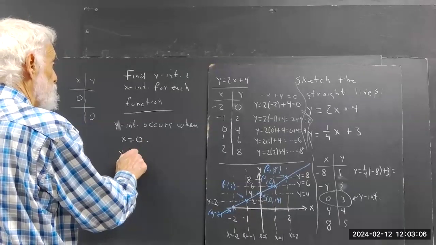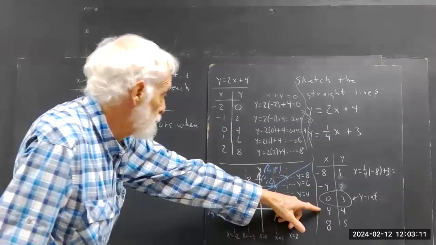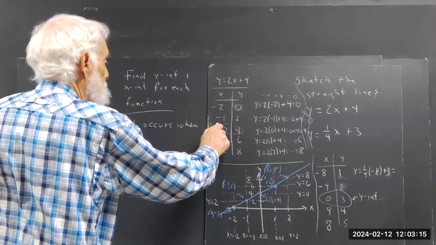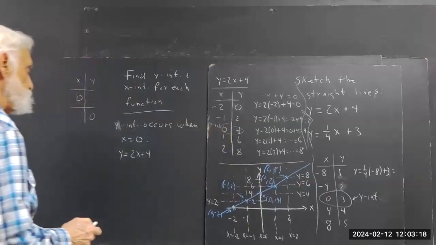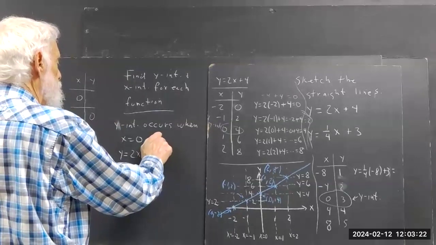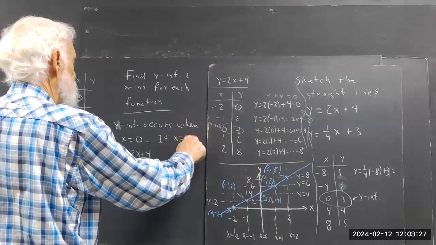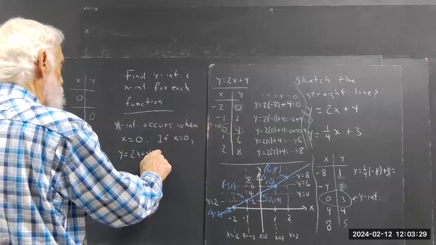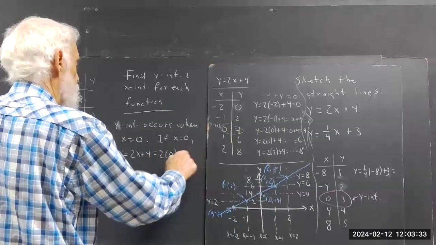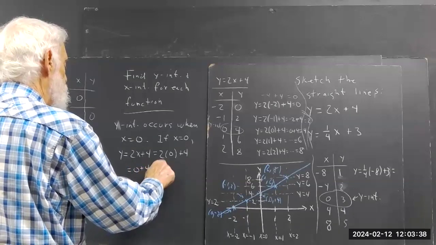y equals 2x plus 4. I'll do this one. We found the y-intercept for this one too. It's going to be 4. With x equals 0, y is 2x plus 4, which equals 2 times 0 plus 4, which equals 0 plus 4, which equals 4.